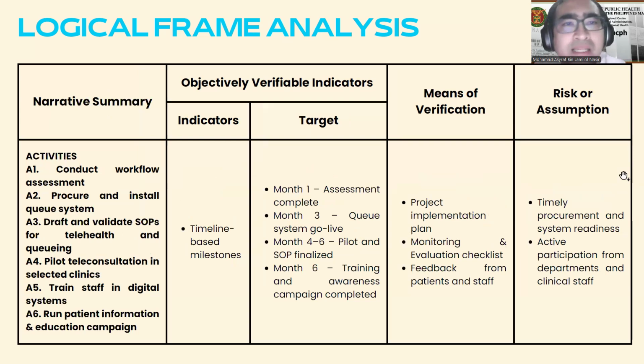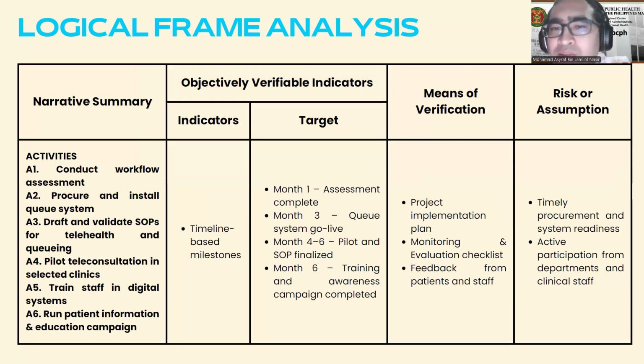And lastly, the activities. Our activities are structured into six stages from A1 to A6, and will be done within a six-month time frame. The first month is to conduct a workflow assessment, and when we go into month 3, we will install the queue system for it to go live. Months 4 to 6 are when the teleconsultation pilot and SOP are finalized, and beyond six months, training and the awareness campaign are completed.